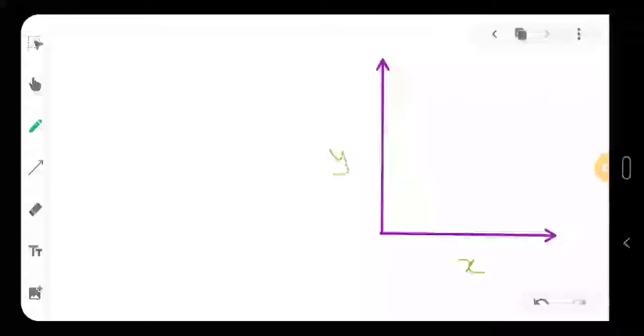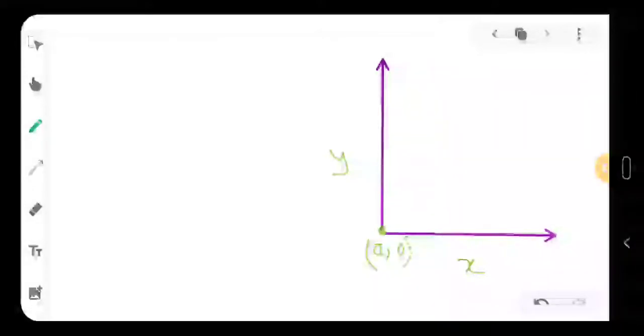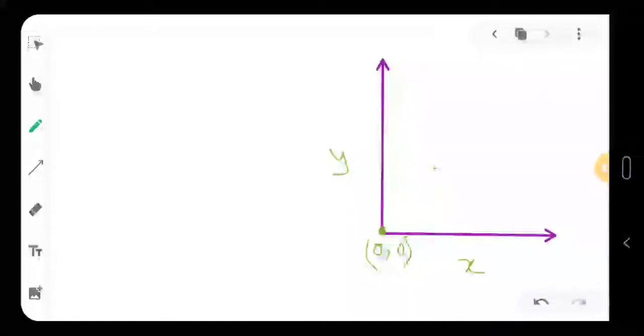Now let's say in this x and y, x increases in the right side, y increases in the upside. The initial point is this one, where we take the value of x and y as 0 because they are starting from here. So 0, 0 we write here. Any point we represent in this graph, this is called a coordinate system.